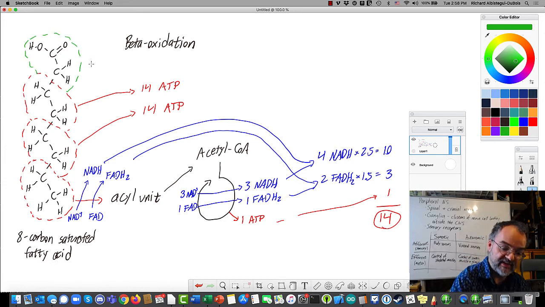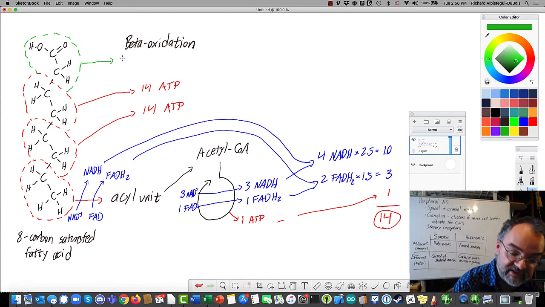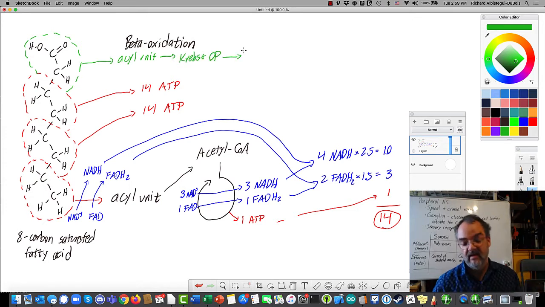However, since I don't have to break them off anything, I don't get the NADH and FADH2 that I got from breaking it off. That just becomes an acyl unit on its own, which then goes through the Krebs cycle and oxidative phosphorylation. So from that, I'm going to get the 1 ATP directly from the Krebs cycle.